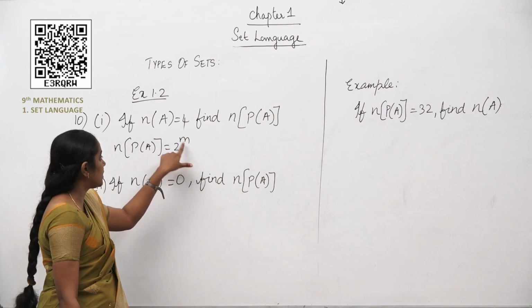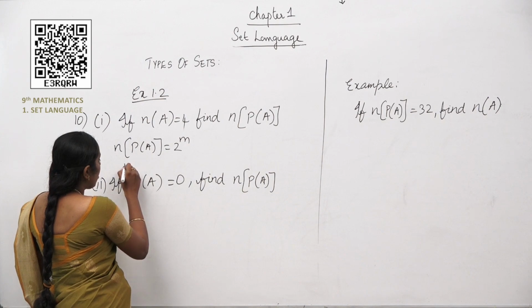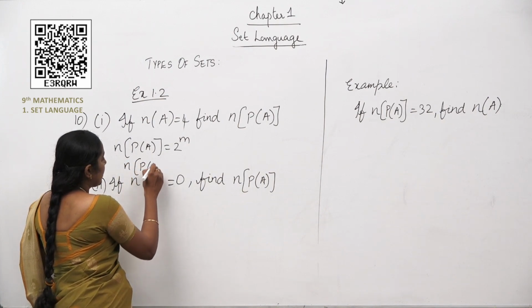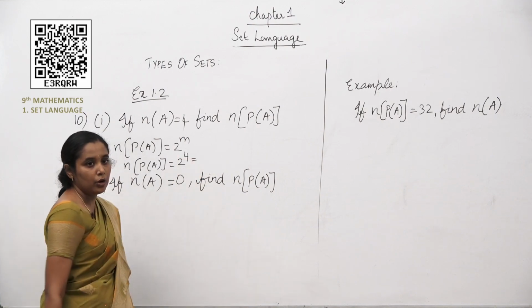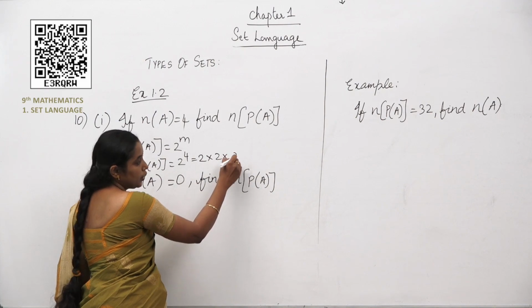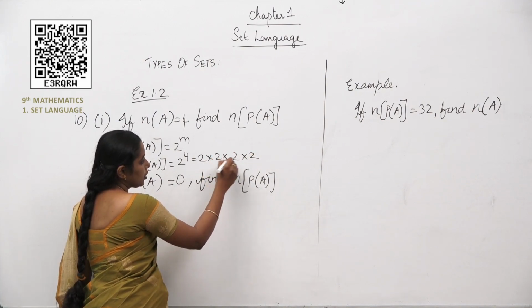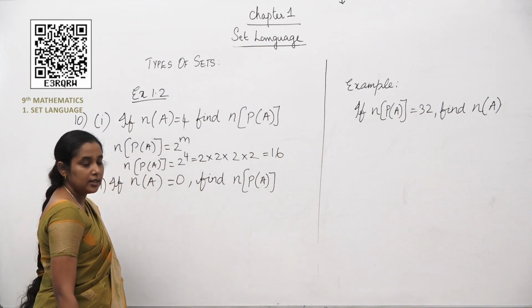Number of elements in the set A. So here what will be n of P of A? n of P of A is equal to 2 to the power 4. So 2 to the power 4 means how you will write? 2 into 2 into 2 into 2, that is 2 2s are 4, 4 2s are 8, 8 2s are 16.